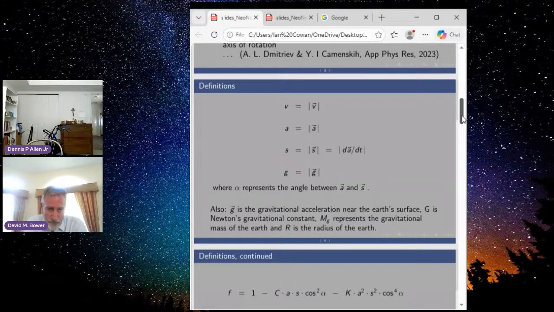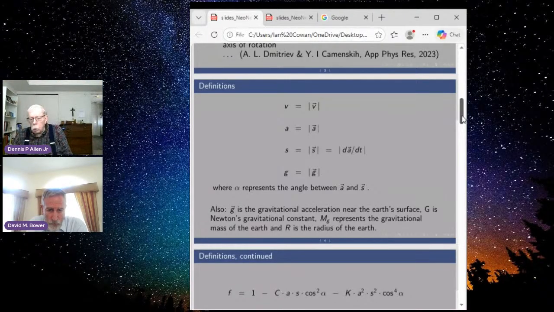Then we have a new vector called the jerk vector, and we call that S. That's the change of the acceleration with time, and S is the magnitude of that. And then, of course, we have our little g, which everyone should know. It's the gravitational force. And we also introduce an angle, alpha, as the angle between the acceleration and the jerk vector.